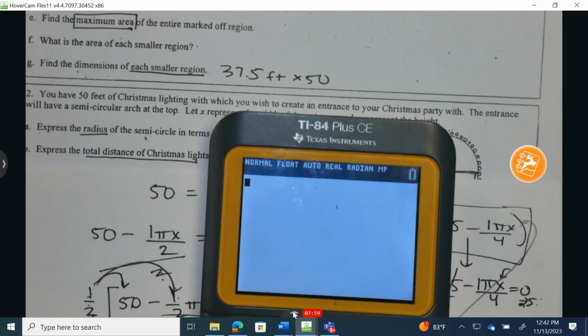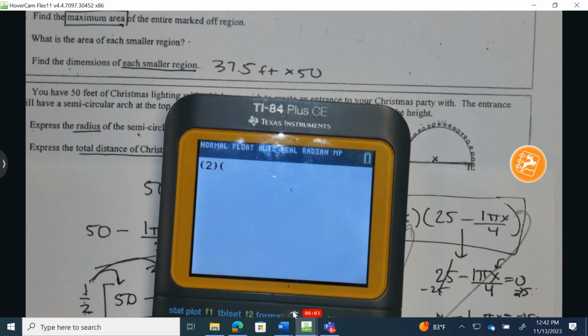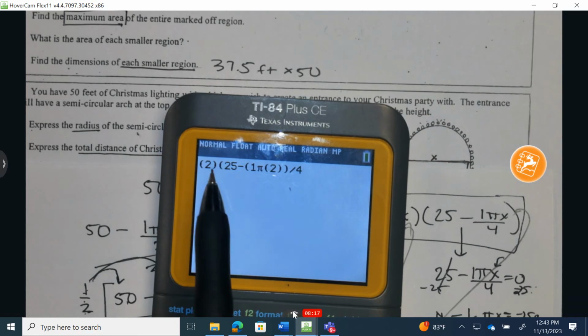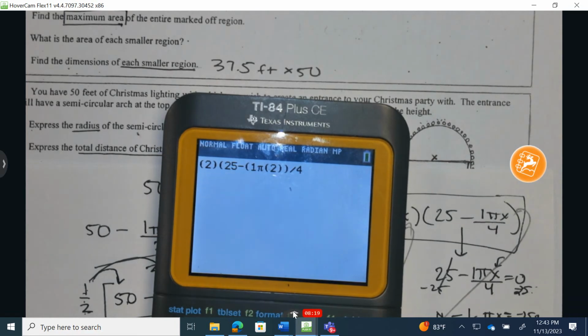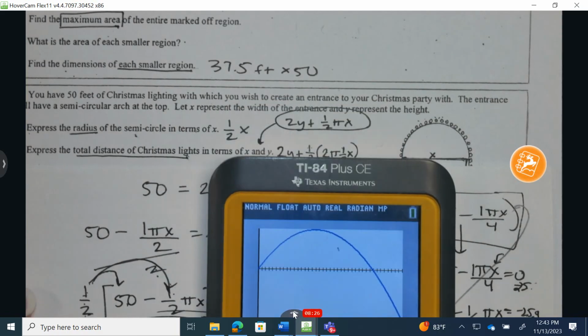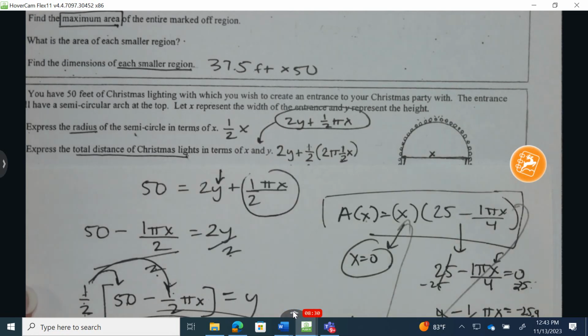Try one more time here. 2 is the first part, and then it's going to be 25 subtract 1 times pi times 2. Okay, and then I'm going to divide that by 4. There we go, 46.86. So whether I use technology and go second trace value, or I just plug it in, I get the exact same answer.